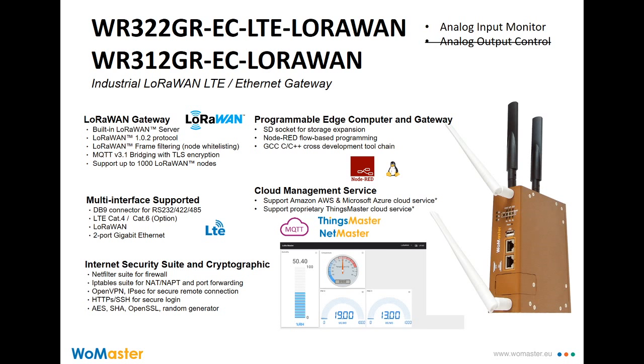Users can use the GCC toolchain or Node-RED to develop whichever functions they need. Lastly, users can choose an open cloud platform like AWS, Microsoft, and others, or a private cloud platform provided by WoMaster, SimMaster, or SimMaster OTA.